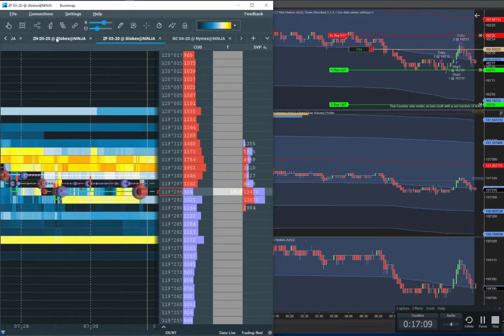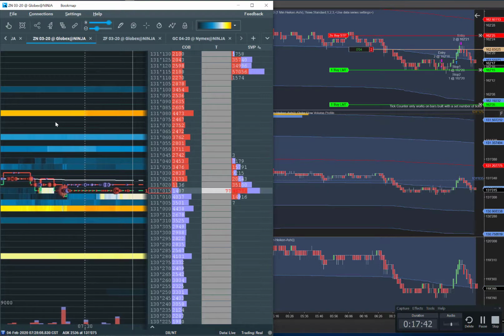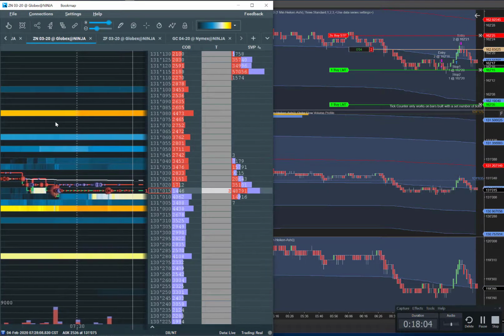And ZF is still looking good with those big sell orders. ZN's starting to hit some sell orders now into that resistance, and so that's good news.